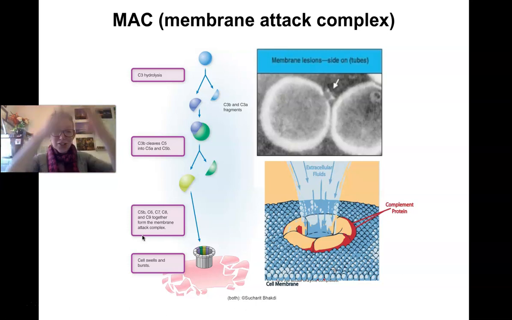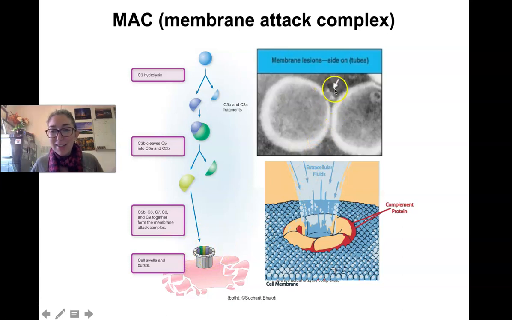Another really important thing that complement can do is they can assemble these hole punchers that punch holes in the walls of bacteria, and these are called MACs, or membrane attack complexes. I still remember my immunology professor calling it a Mac attack, which sounds like a hankering for a hamburger from McDonald's, but it's actually poking holes in bacteria. You get a bunch of these complement proteins that come together and literally form this hole puncher.